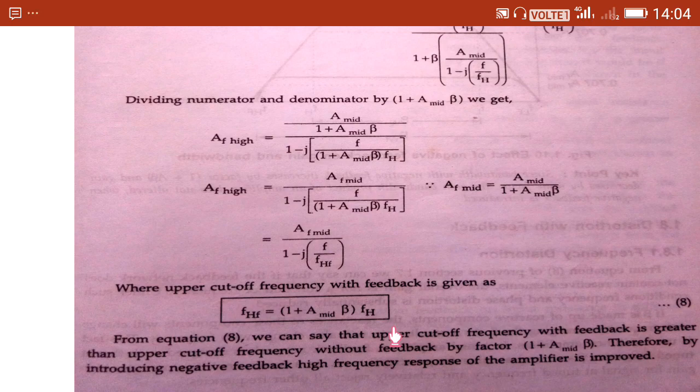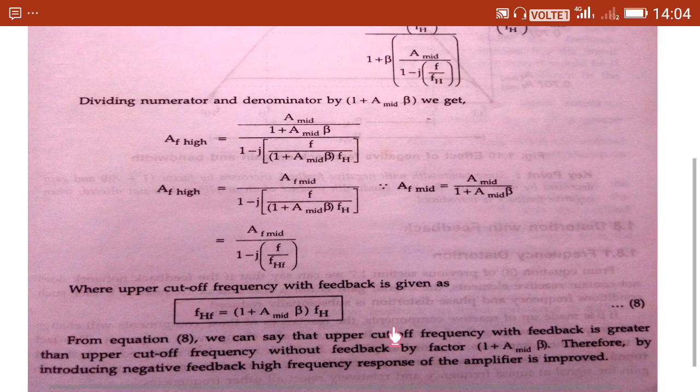Means the product of the multiplier 1 plus A mid beta and FH. What is this equation showing? This equation is showing that our upper cutoff frequency, or higher cutoff frequency, is increasing by a multiplier 1 plus A mid beta.